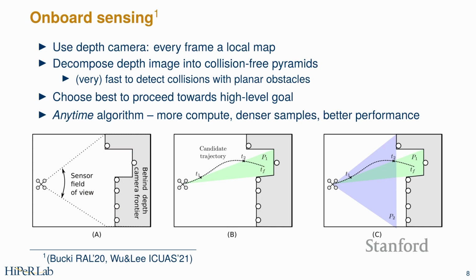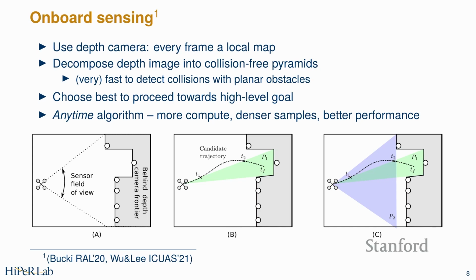And then we have an algorithm, which I'm not going to talk a lot about today, for quickly taking a depth image like this, decomposing it into a bunch of pyramids, and then you can do planning inside those pyramids very quickly. The idea here is this exploits, on the one hand, differential flatness of the drones, and then the geometry of a pyramid allows me to do things like finding routes and detecting free space very quickly.